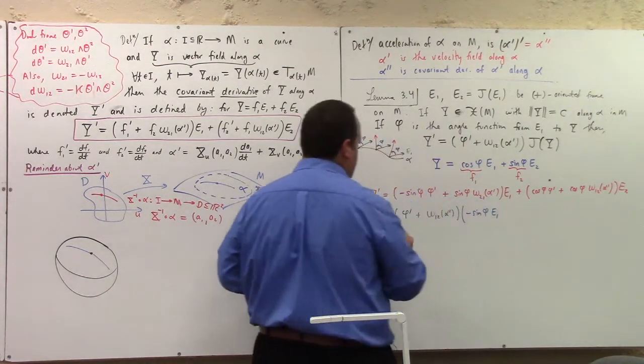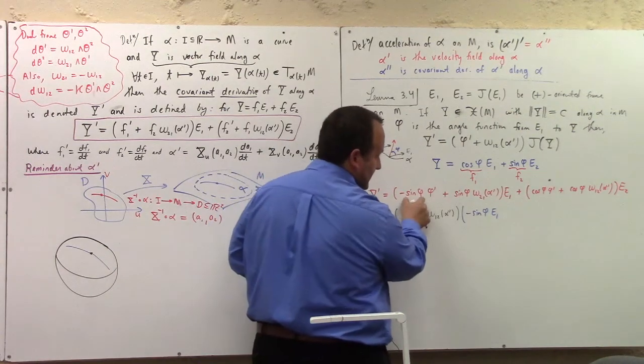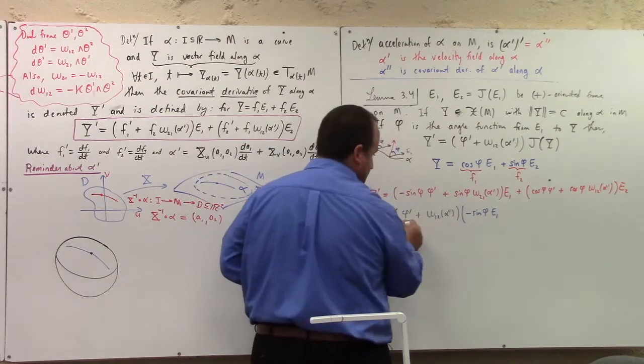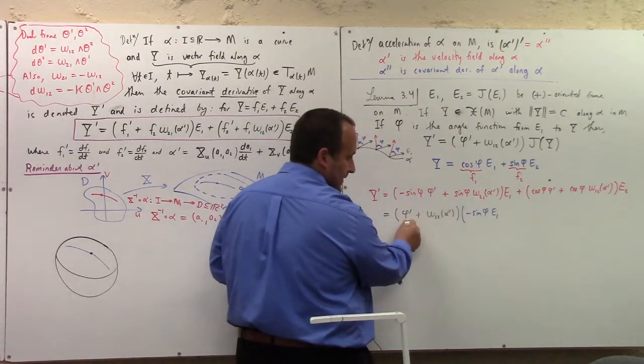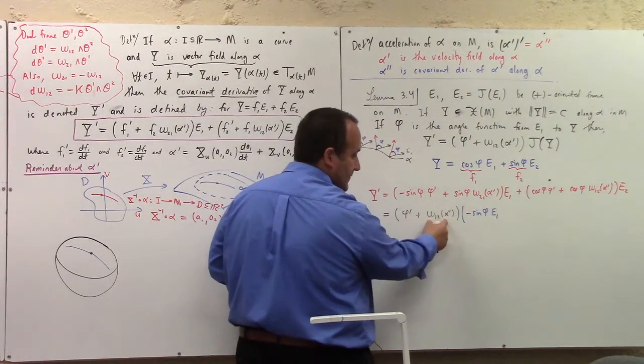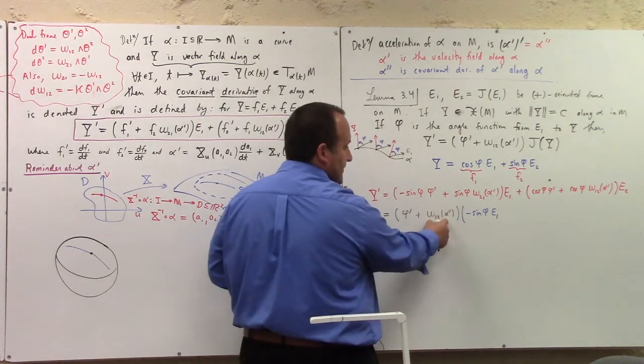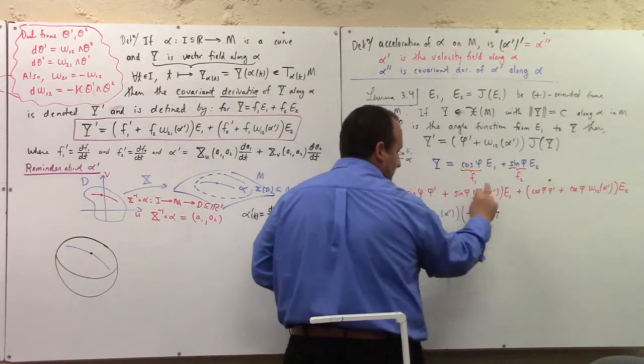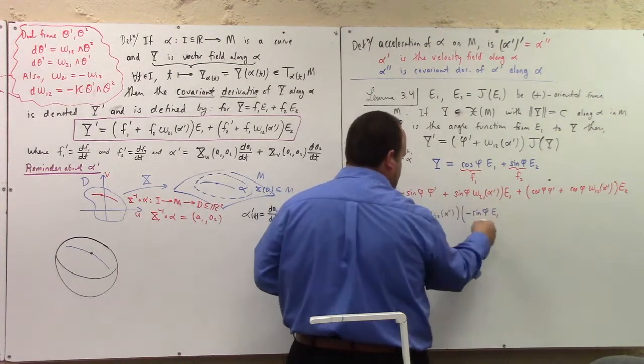See that? This is this, and that gives me this piece. And the omega 1, 2 alpha prime, when I flip that over, I get the minus, which gives me that term.